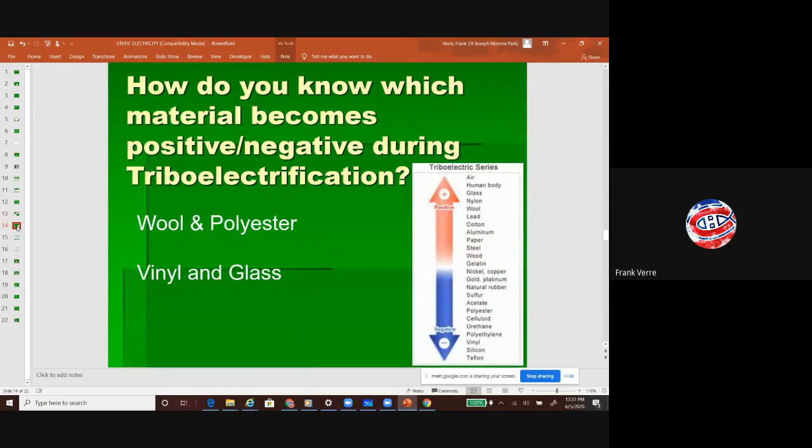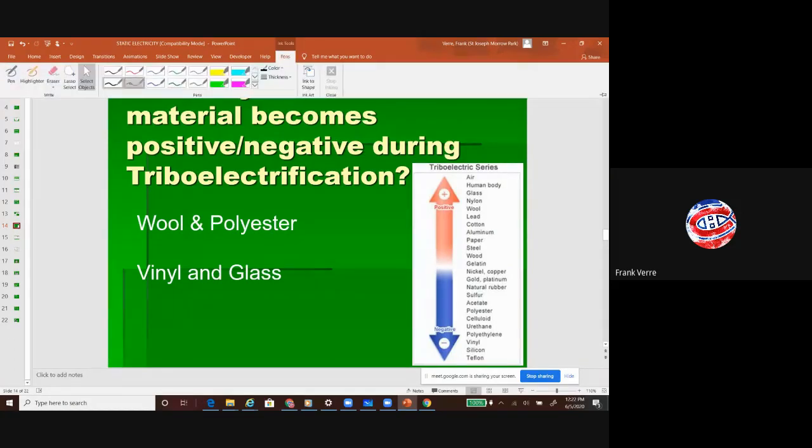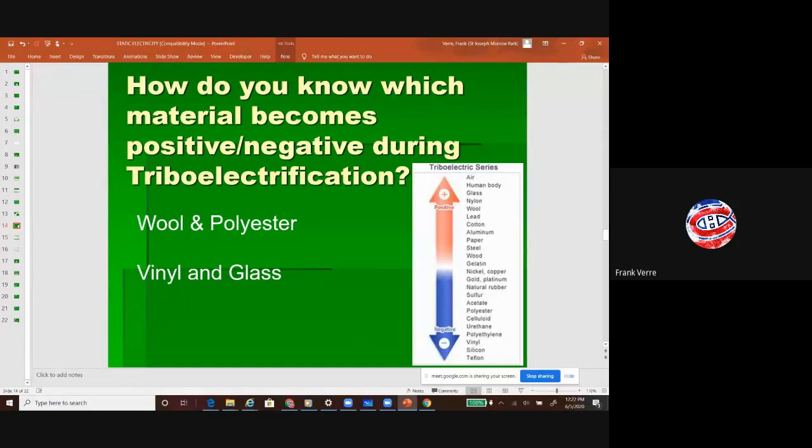It's called the triboelectric series. Basically, if I have two materials, the chart tells me which one becomes positive and which one becomes negative. For example, wool is here and polyester is down here. Polyester wants to be negative and wool wants to be positive, so if I rub them together, the wool will become positive and the polyester will become negative, according to this chart.